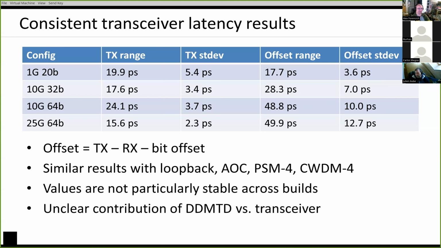We don't have stuff wiggling around by a whole clock cycle or a significant fraction of a clock cycle. So as much as I would like to get the range below 10 picoseconds for everything, that might not be feasible. And a standard deviation of the offset being up in the 10 to 12 picoseconds, assuming we can get that reliably, is actually not bad.